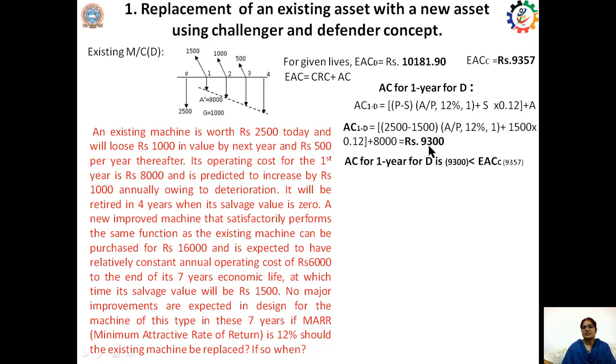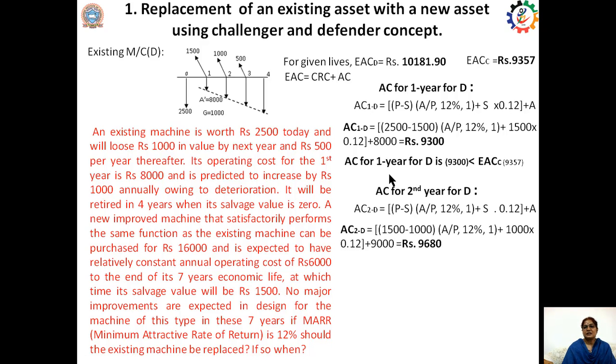If it were more, we could have stopped the calculation here itself, but since it is less, we have to go for the next year. When you consider the next year, once again n is taken as 1, and for the second year the trade-in value P is 1,500, S is 1,000, and only this annuity is considered because it is only the second year.